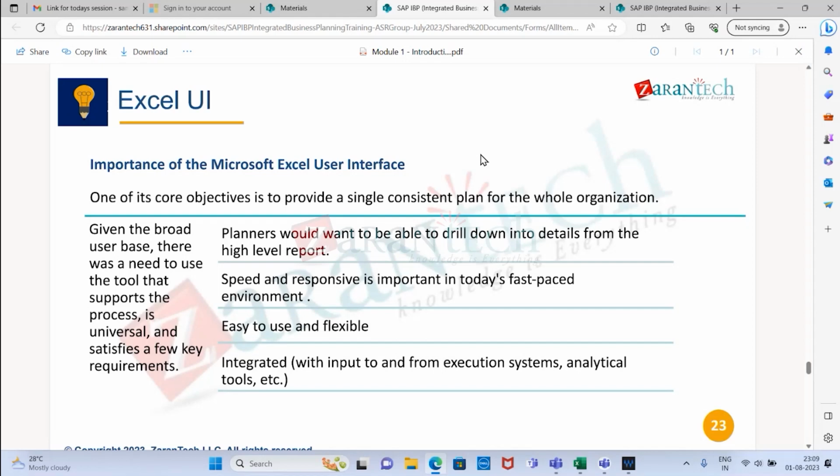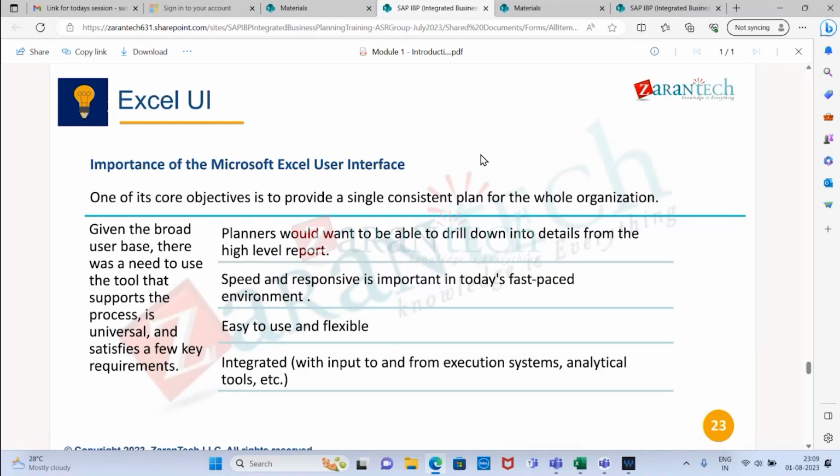Okay, perfect. So most of the activities you are already doing in the IBP tool itself. Yeah, I would say so.